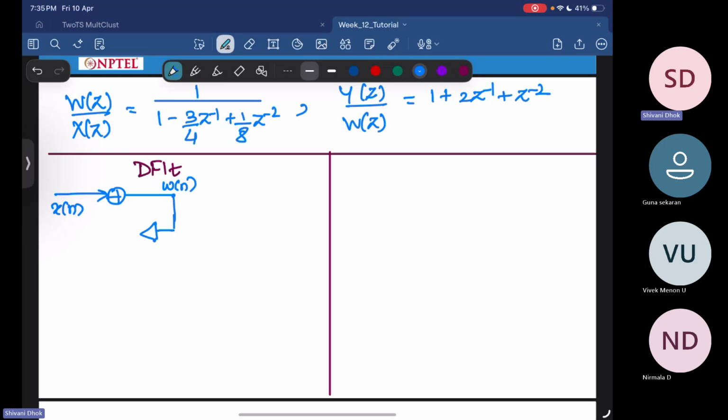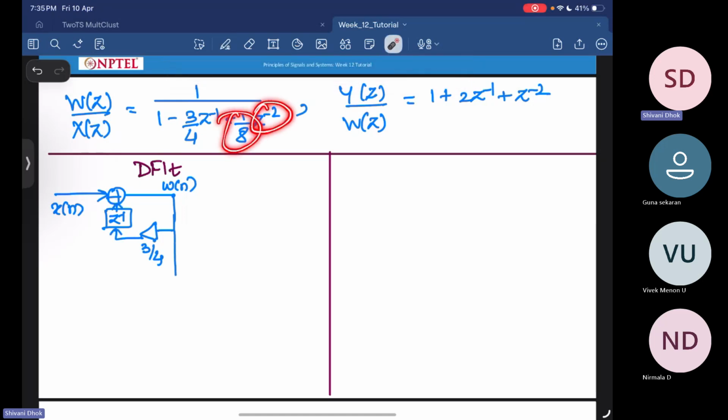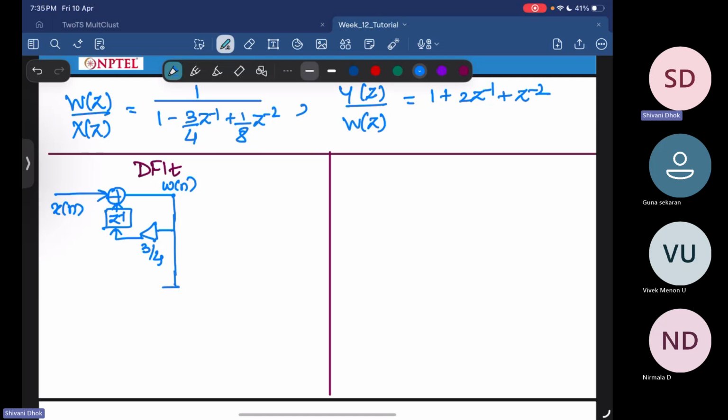So this is in the denominator, so every time you have anything in the denominator, you get a flip of sign, and then you will delay it by 1 unit like this. Similarly, you have z to the power minus 2 into 1 by 8. So you'll have minus 1 by 8 z inverse like this.